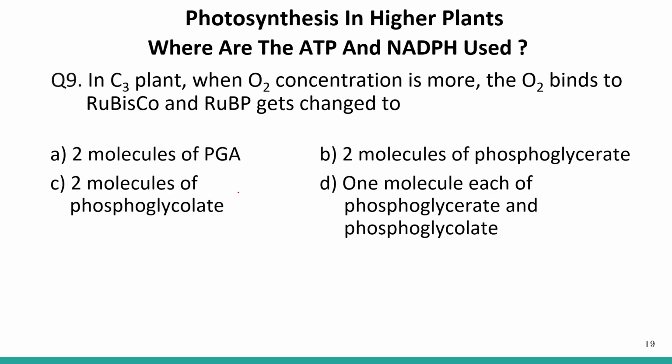Now, next question is, in C3 plant, when oxygen concentration is more, the oxygen binds to Rubisco and RUBP gets changed to, alright, so here they're talking about the phenomenon known as photorespiration.